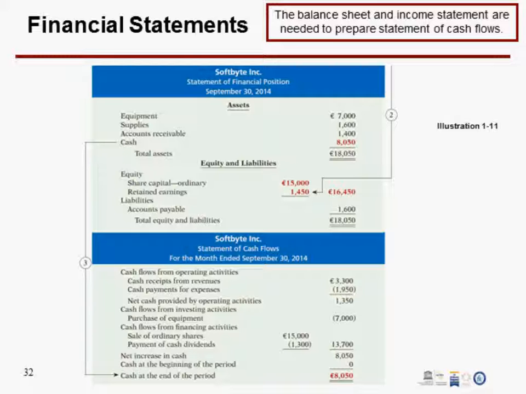Okay, so in about 1 hour, I explained how you are going to make a financial statement and how you understand it. This is very, very basic.